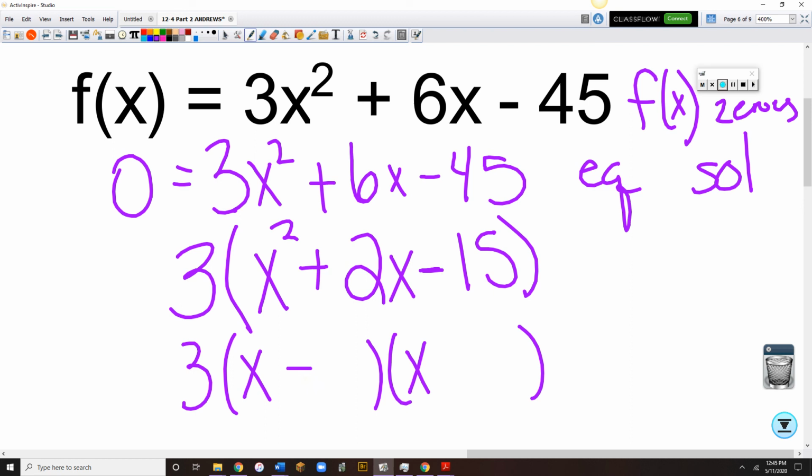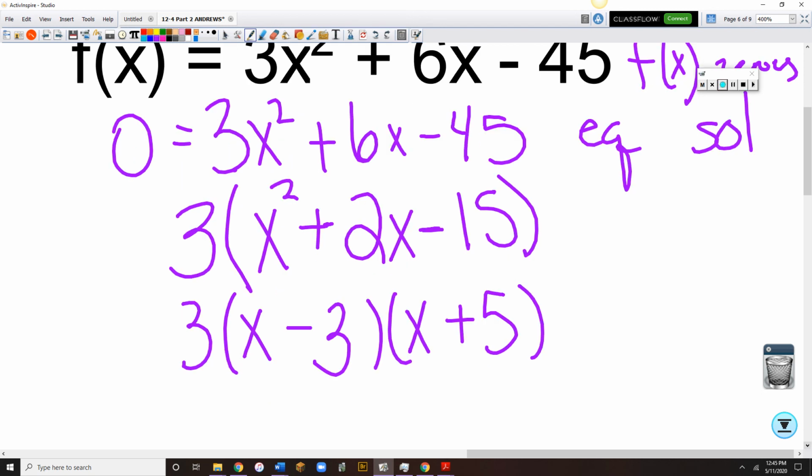Minus means the signs are different, and I need two numbers that multiply to 15 and subtract to 2. I need it to be a positive 2. So 5 and 3 do the trick. I put the 5 with the plus because the plus sign's in front of the 2 as well, and a 3. So it means that my zeros would be at positive 3 and negative 5.